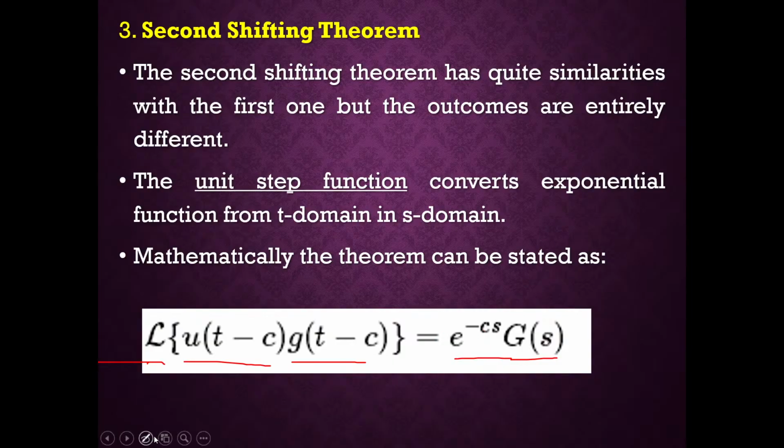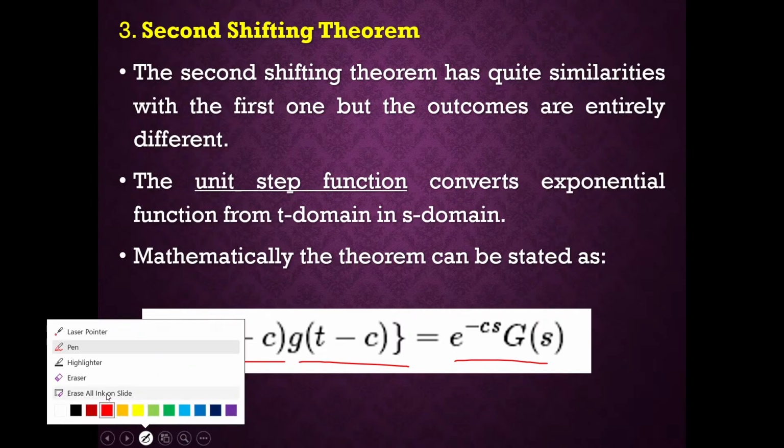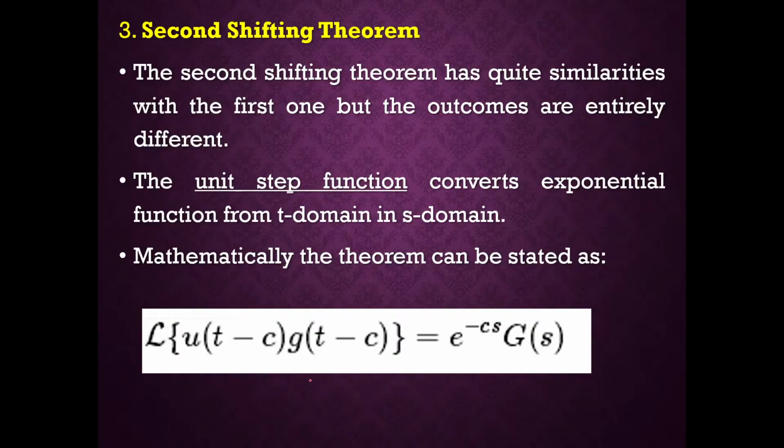So if we have a unit step function multiplied with some other function, then the Laplace of that will be given as e power minus cs into g of s. So if you have a unit step function, you will get the exponential function. That is the main concept here. So this is our second shifting theorem.